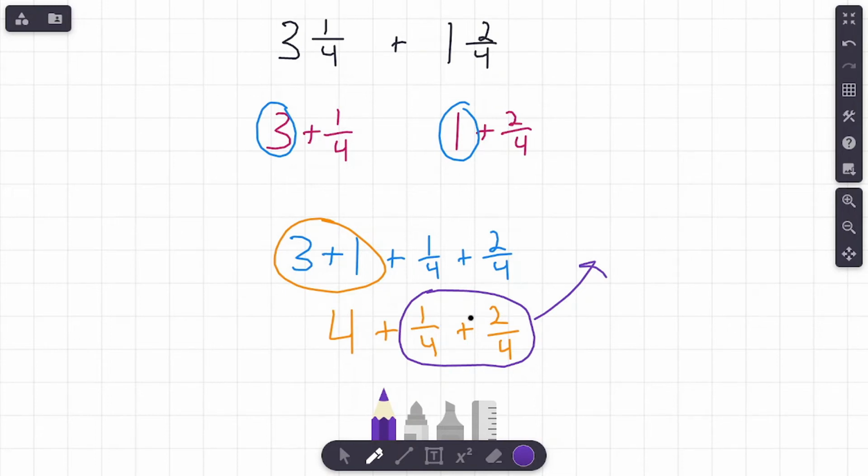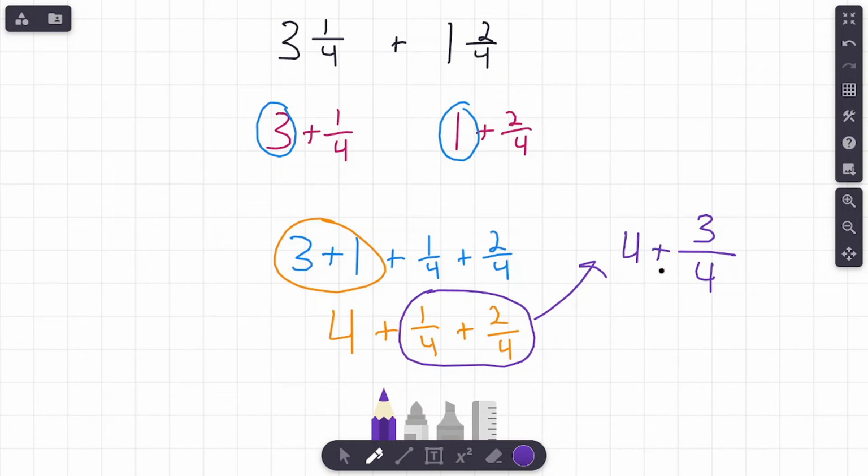So 1/4 plus 2/4 is going to be 3, because 1 plus 2 is 3. Do we add the denominators? No. Remember, we do not add our denominators. So it stays the same. So now we've got 4 plus 3/4.